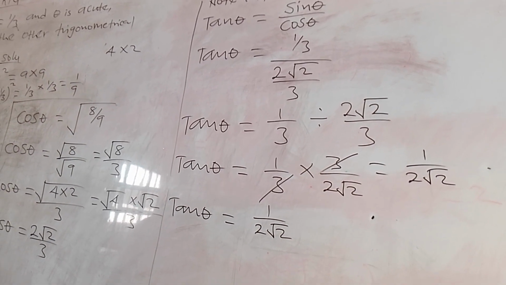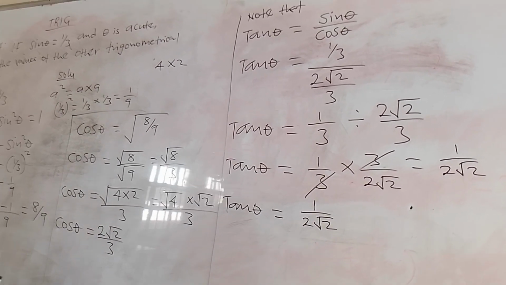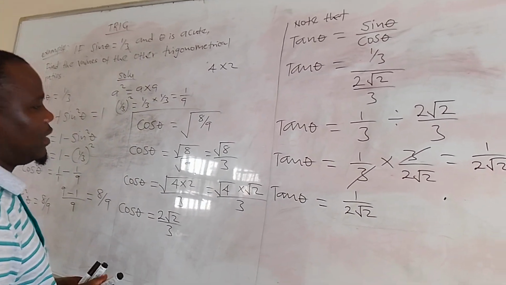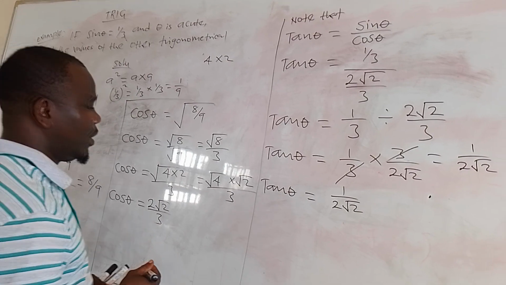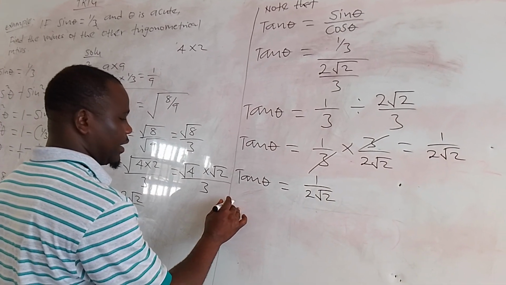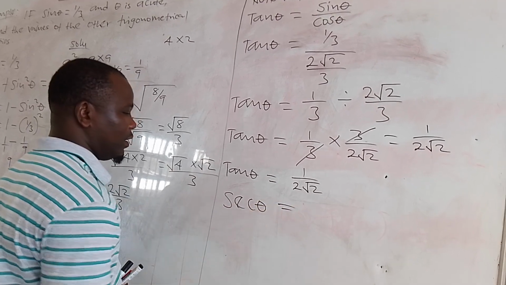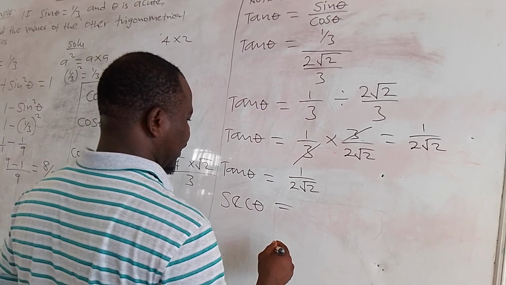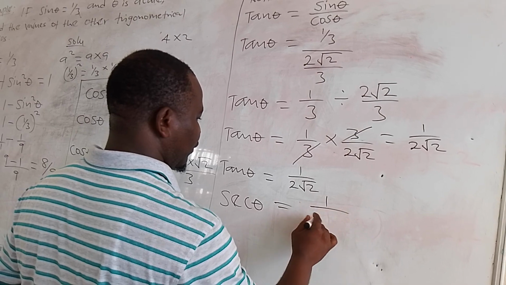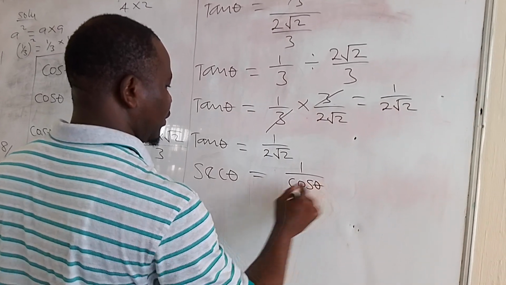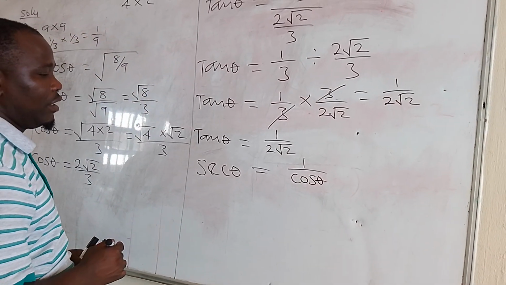Then, how can we look for the other ones? That is, we're talking about sec theta. Note that sec theta is equal to 1 all over cos theta. Please take note. Is that clear?